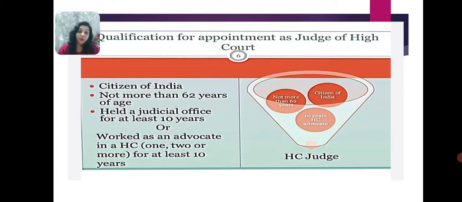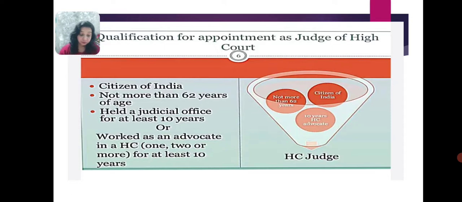He should not be more than 62 years of age, and he should have held a judicial office for at least 10 years or worked as an advocate in a High Court, or two or more, for at least 10 years. This is the basic qualification for an advocate to become a judge in the High Court.